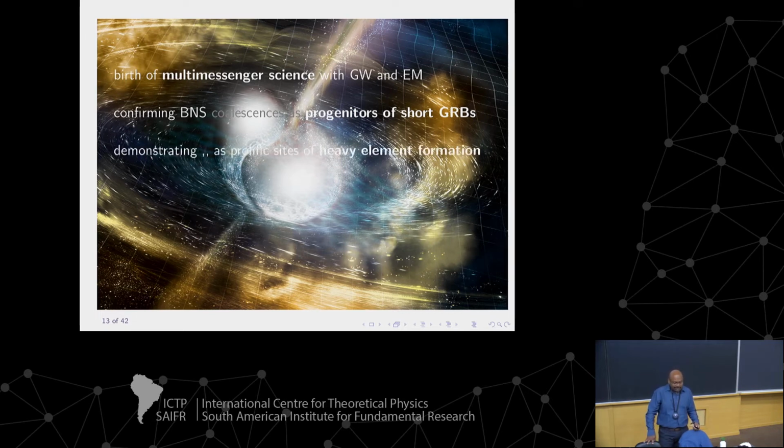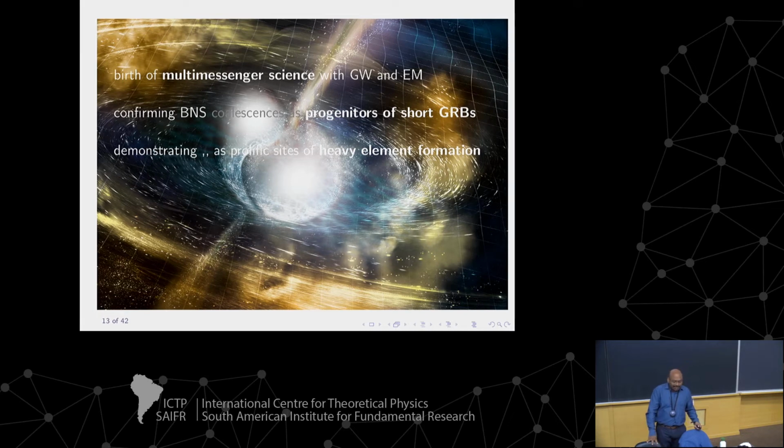It demonstrated that they were prolific sites of heavy element formation. In the plot for the kilonova, which you saw earlier, one can see these spectral lines, and from these spectral lines, one can infer what kind of heavy elements exist in the region after the merger.